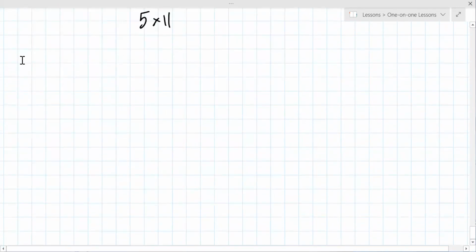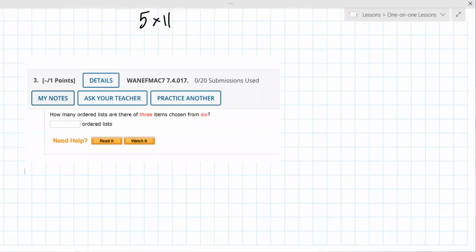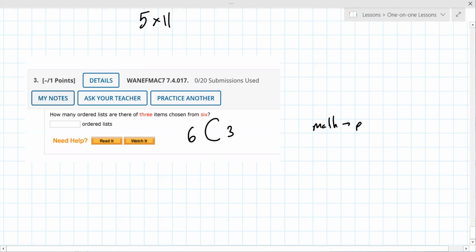Okay. All right. So it says, how many ordered lists are there of 3 items chosen from 6? So this is 6 choose 3. Your calculator has that C button in there. You probably remember, you have to put this first number in before you go search for the C. It's probably under math, PRB, somewhere in there.